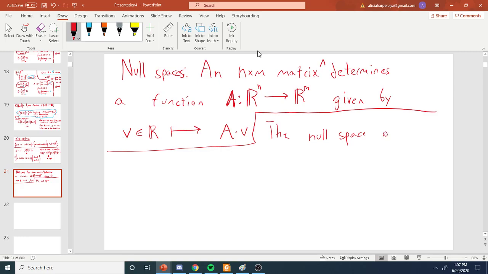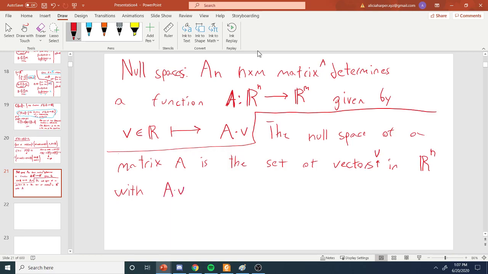So the null space of a matrix A is the set of vectors v in Rn with A times v is equal to 0.